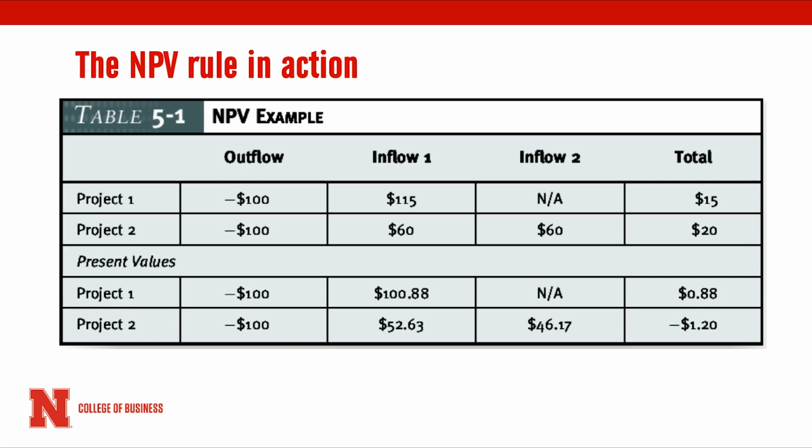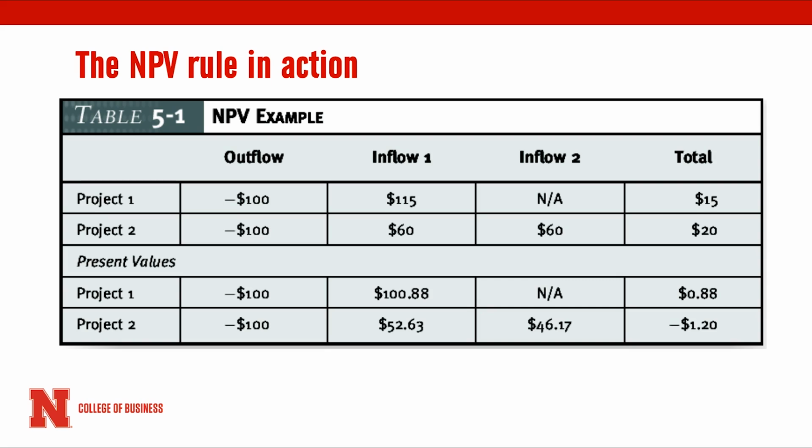Now what we can see from the bottom 2 rows is that the initial investment occurring at time 0 has a present value equal to its dollar amount, $100 million. But what's different is the present value of the actual positive cash flows occurring at time 1 and time 2. The present values are listed in the bottom 2 rows of Table 1.